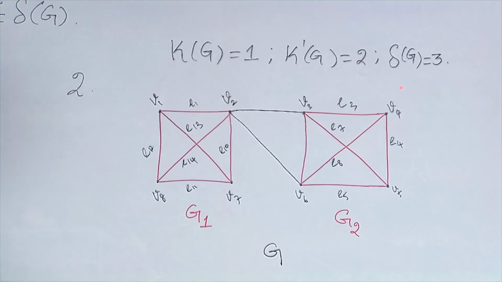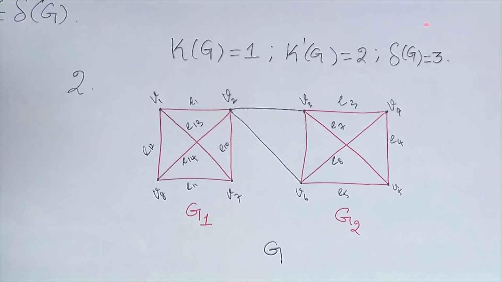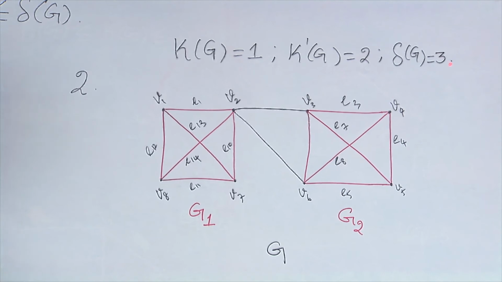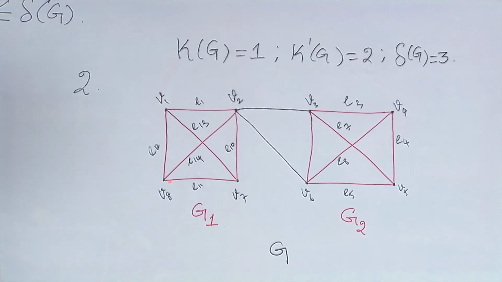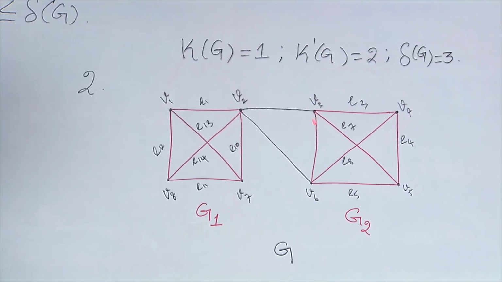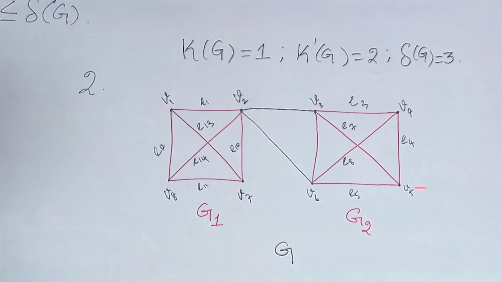to 3. For this, I am going to draw two complete graphs with 3 plus 1 points, that is 4 points. So, here I am having a complete graph with 4 points. Here also I am having a complete graph with 4 points. Here my vertex connectivity should be equal to 1.